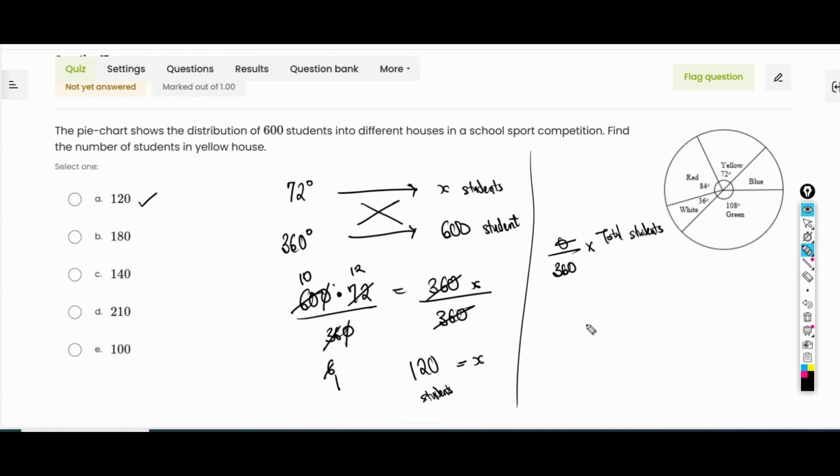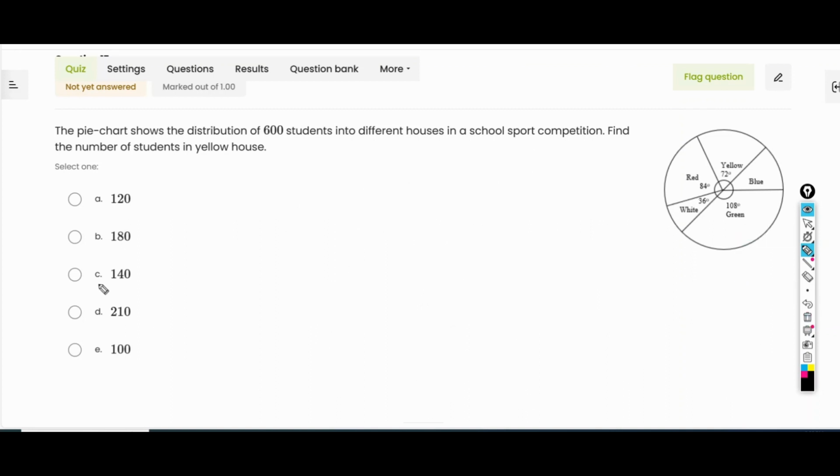So the number of students will equal 72, which is the angle representing yellow house, out of 360, then times 600, right? And we cancel this out, then 36 in 72 is just 2. Multiply that out, I get 120 anyway, right? So 120 students. Okay, so that's that for that question.